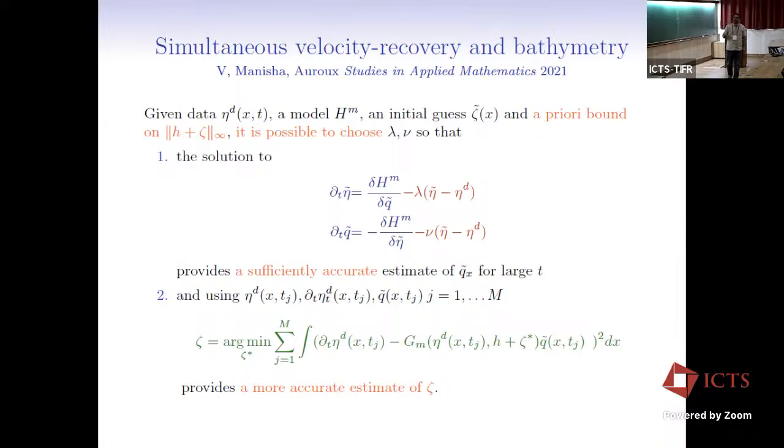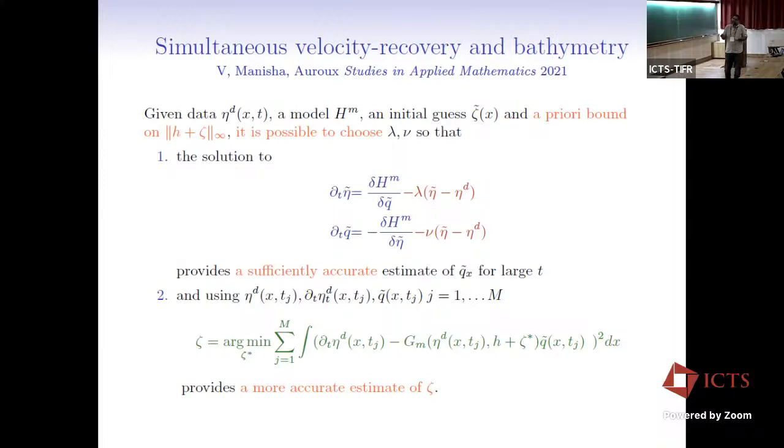Here, the difference from the previous slide is that I am using data from multiple times. I'm doing that really to prevent the problem that I might have a special kind of solution at one time. I want to use generic data, so I essentially minimize over a sequence of times this same cost function.